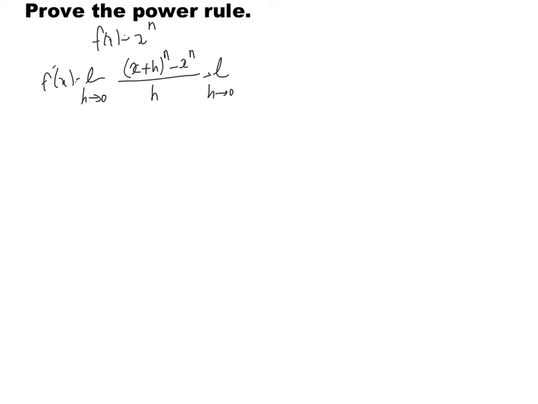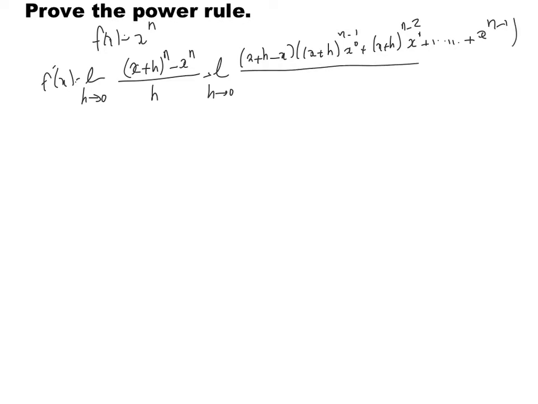But we can factor this using the rule that we learned in the review for Unit 1, as x plus h minus x, times x plus h exponent n minus 1 times x exponent 0, plus x plus h exponent n minus 2 times x exponent 1, plus up to x exponent n minus 1, divided by h.